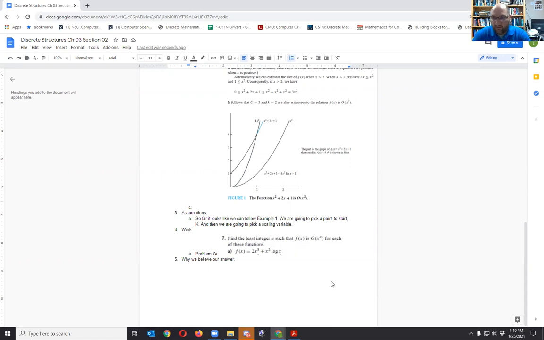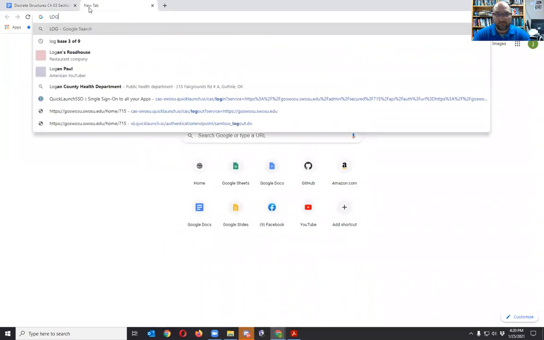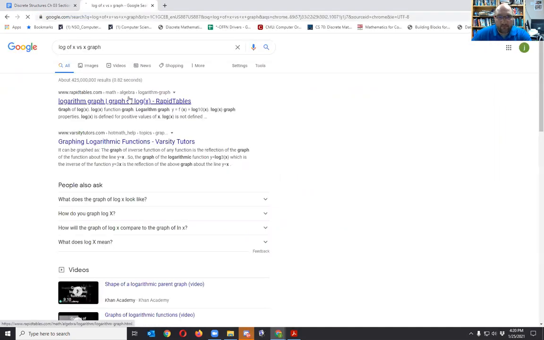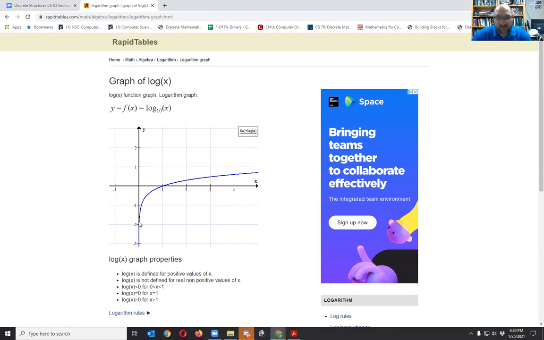All right, so in this case, the first one is x squared times the log of x. So the log of x is going to grow slower than x. To show you what I mean, here's the log of x, base 10, and we know that x would be a straight line.